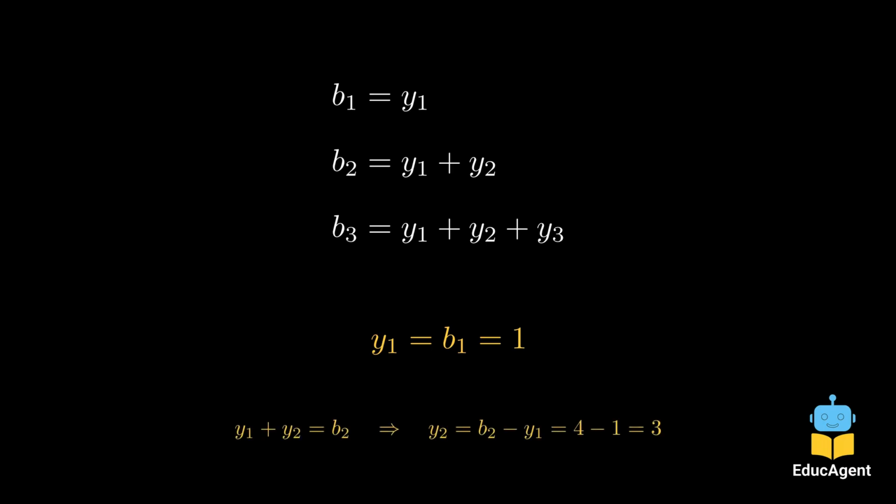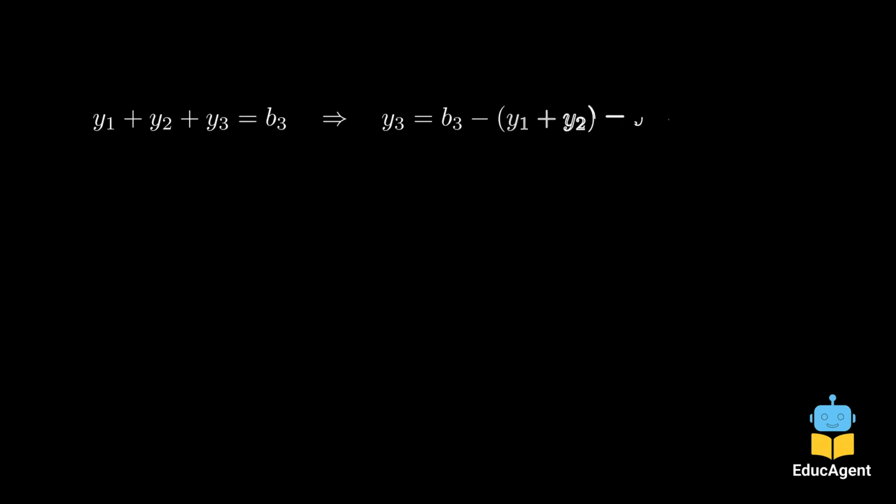From the second equation, subtract Y1 to find Y2 equals 4 minus 1, which is 3. Finally, the third equation gives Y3 as 9 minus the sum of the first two Ys, so Y3 equals 5. Putting the entries together, the solution vector Y is 1, 3, 5.